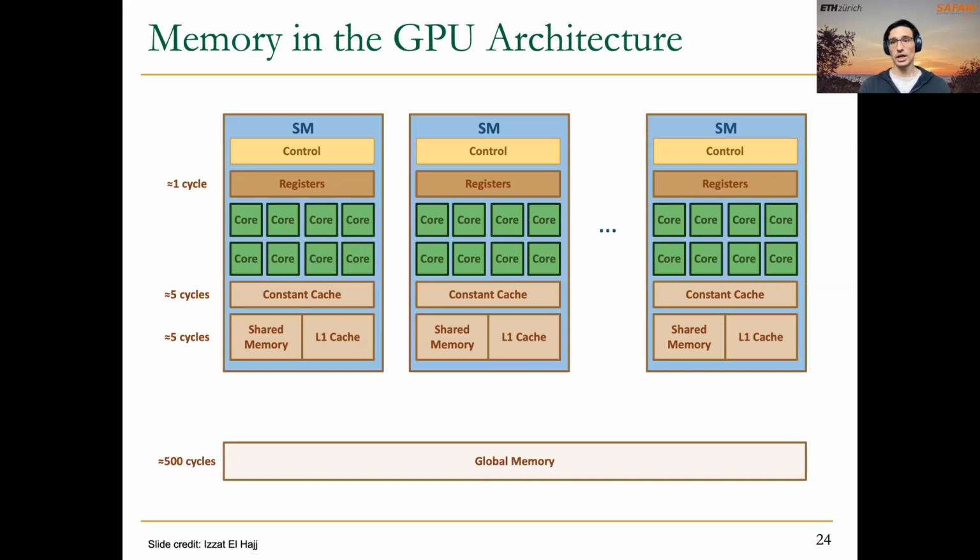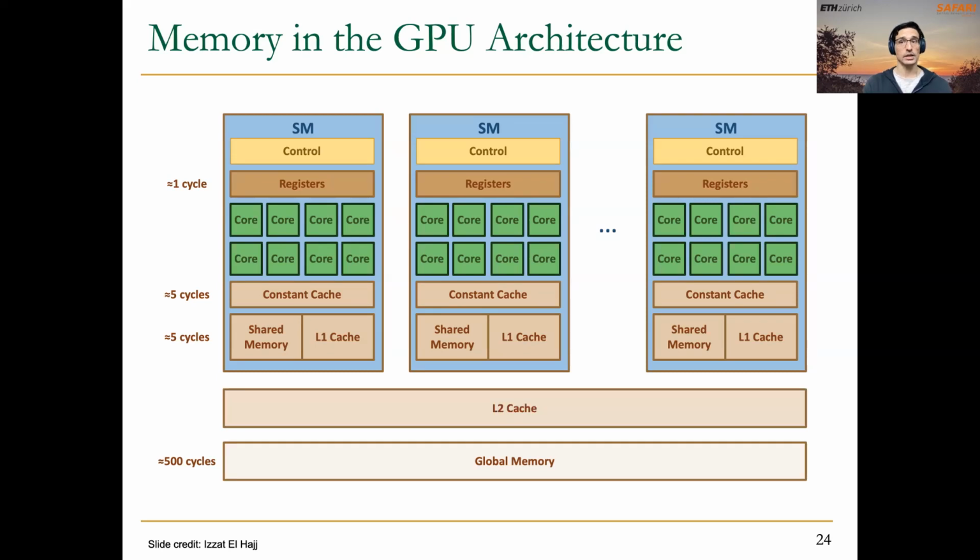And then outside of the chip, what we have is a global memory. In the case of the H100, these are stacks of HBM3 memory. This memory is typically DRAM, either HBM memory or GDDR memory. And even though these memories these days provide higher and higher memory bandwidth generation after generation, the latency of access to this off-chip memory is still quite high, and it might be in the order of magnitude of 500 cycles.